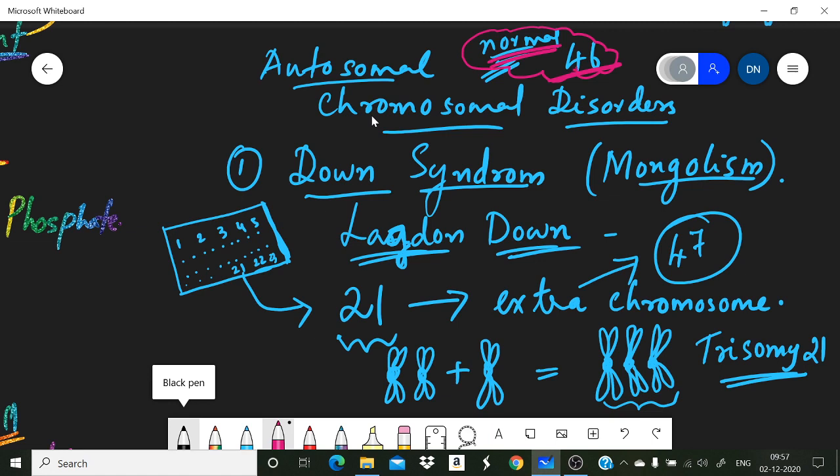Instead of that, individuals showing Down syndrome possess how many chromosomes? 47 chromosomes, because of the extra chromosome present at the 21st position. That is, chromosome number 21 gained one extra chromosome. So this disorder can also be referred to as trisomy 21.